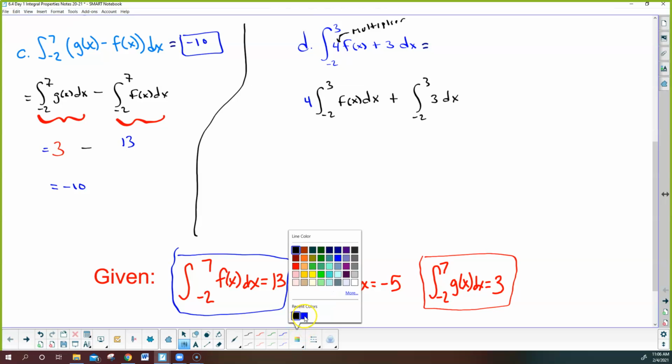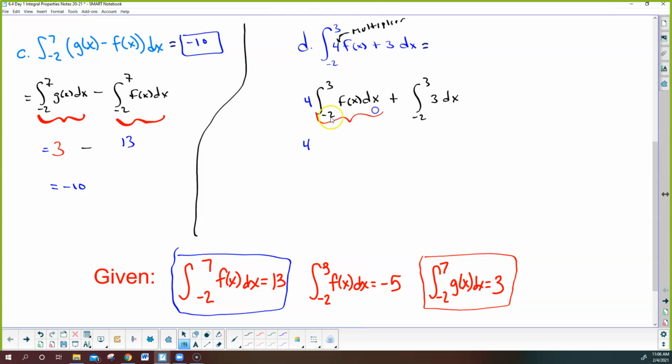I get to use the fact that I know one of these as a fact, right? This right here, the integral from negative 2 to 3 of f of x dx is right here. Negative 2 to 3 of f of x is negative 5. So I don't have to evaluate that. I know what that answer is. I'm going to just replace it with negative 5.